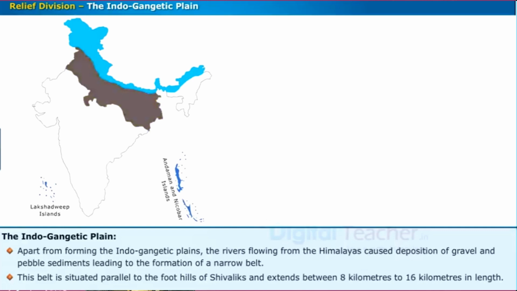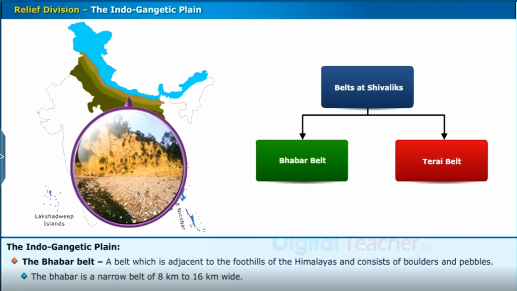While flowing down, the Himalayan rivers deposit gravel and pebble sediments in a narrow belt of 8 to 16 kilometers width, parallel to the south of the Shivalik ranges. This region is known as Bhabar. Bhabar is of a forest nature.